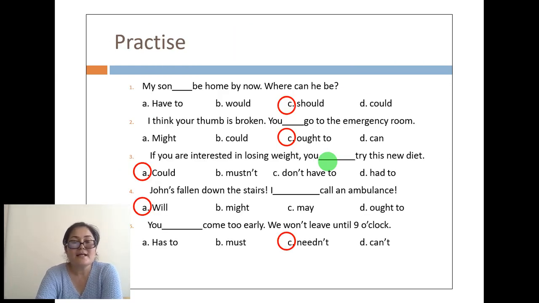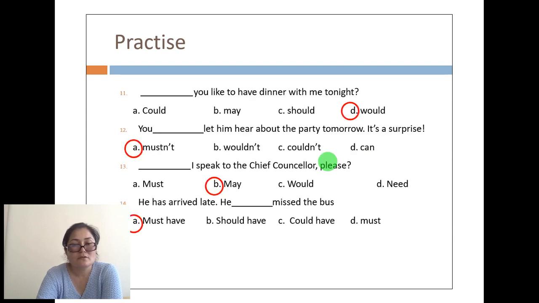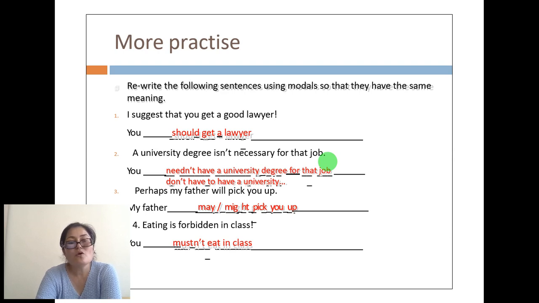Now, exercises for practice. You are given some tests with answers. Pay attention to the meaning of the modal verbs. For more practice also, there are given some sentences and rewritten forms which have the same meaning.